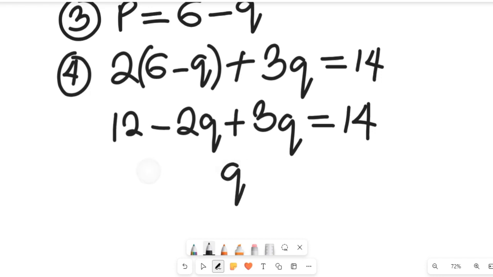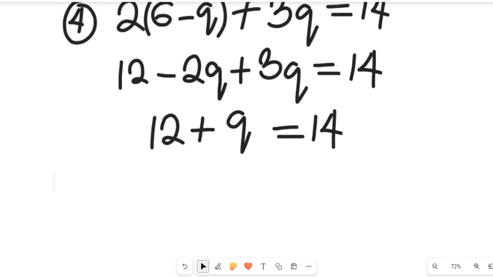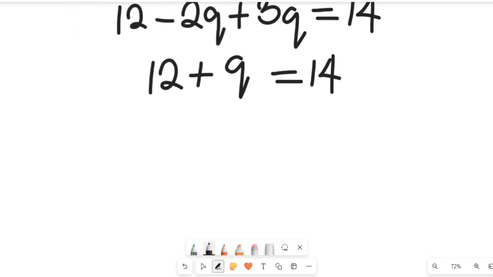So we'll have 12 plus q to be equal to 14. Great. Now, how do we find the value of our q? If we subtract 12 from both sides, our q will be equal to 14 minus 12.